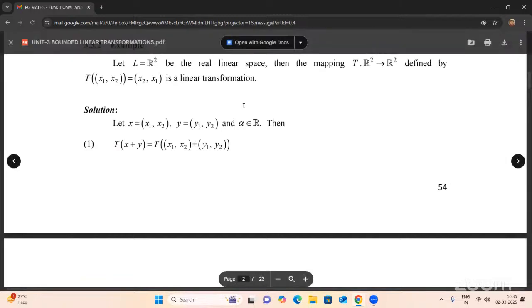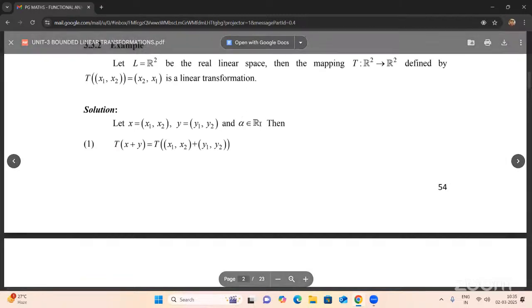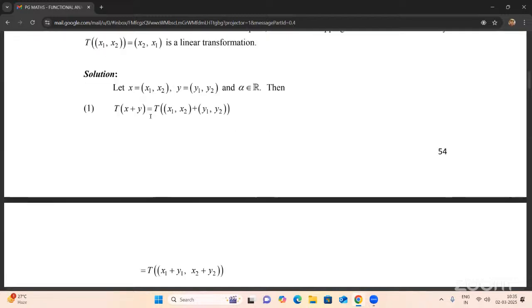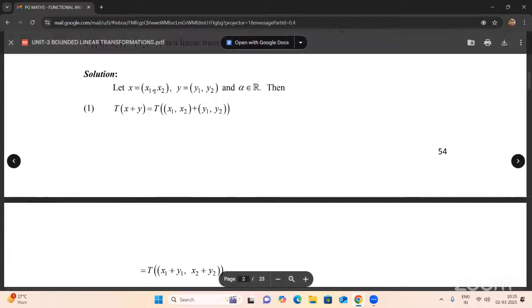Here, alpha is any real number. Then, what about the linear transformation condition? Transformation of x plus y. Students, listen carefully. What about the condition? Here the condition is transformation of x plus y equals transformation of x plus transformation of y, replacing the x and y values in this relation: put x equal to x1, x2 and y equal to y1, y2.